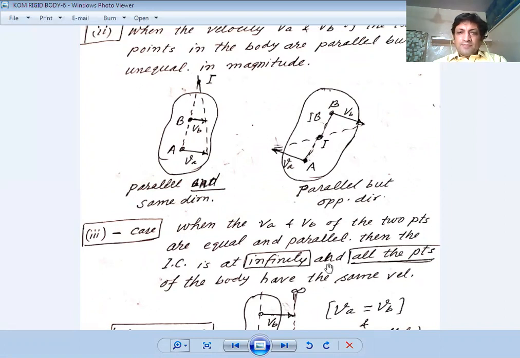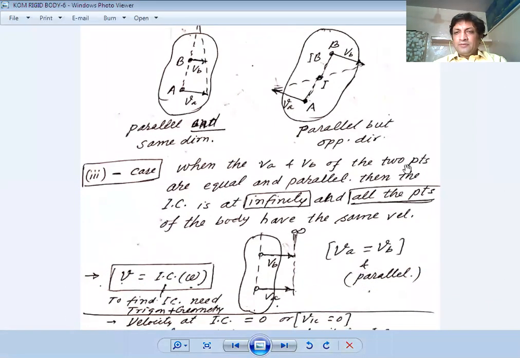Now another case: when VA and VB of the two points are equal. Earlier they were unequal, but if they become equal, then the IC is at infinity, because the two extremities will never meet and all points of the body have the same velocity.